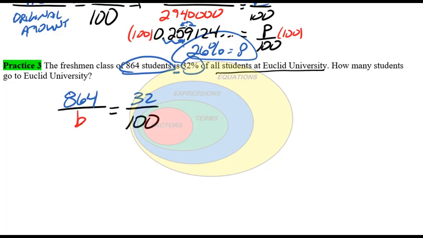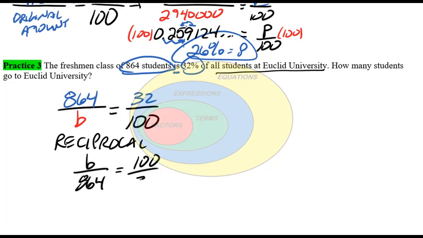To solve this, you notice our variable is in the denominator. So I'm just going to flip this and use reciprocals. So I get B over 864 equaling 100 over 32. Just taking the reciprocal of each side, and now to solve for B, I just have to multiply both sides by 864.